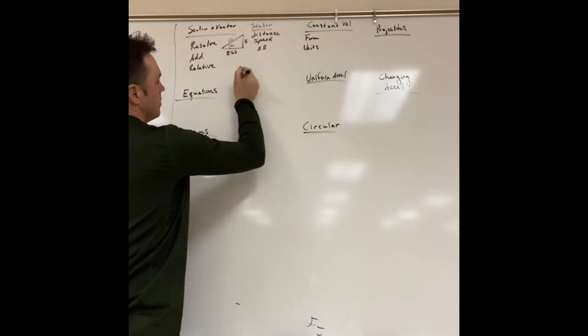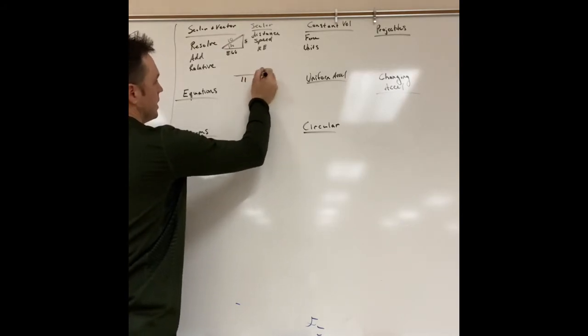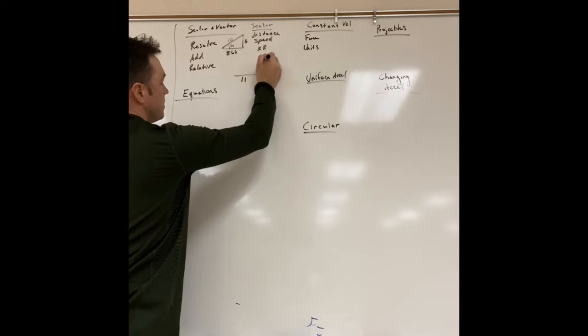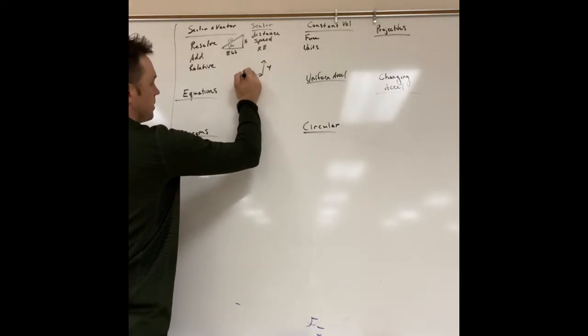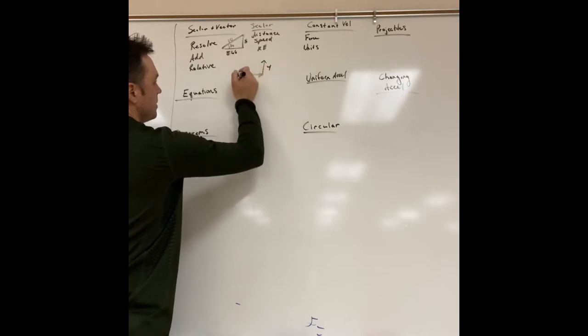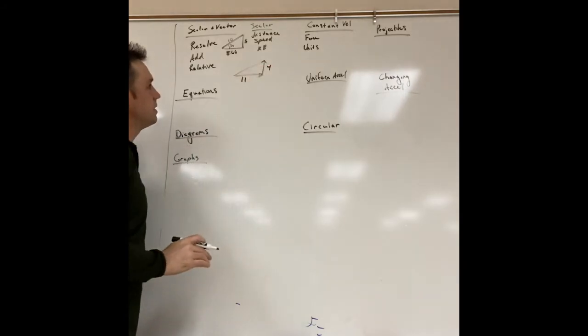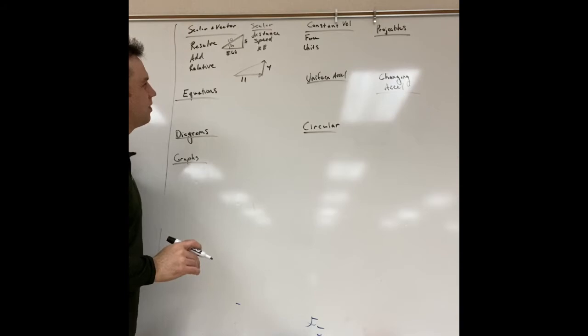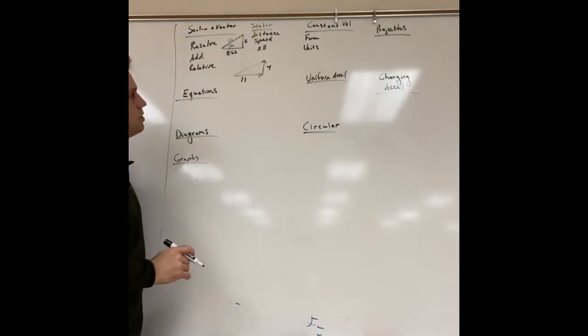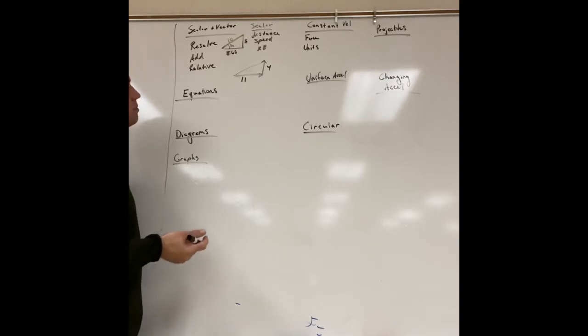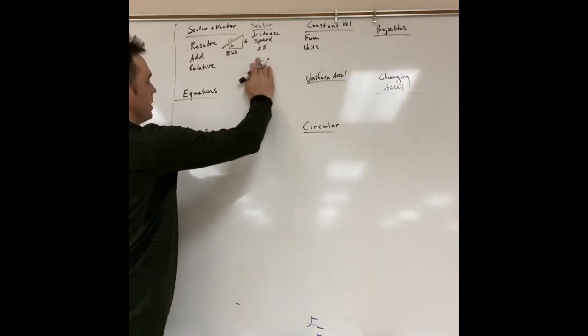I can also have a vector like that and like that, and I can add them because they're perpendicular, and notice that I'm adding them head to tail, and I get the square root of 137, which I don't have memorized, but you're just using the Pythagorean theorem when they're perpendicular. So what if they're not parallel or perpendicular?